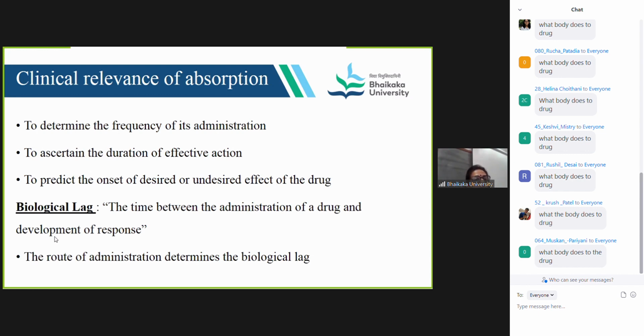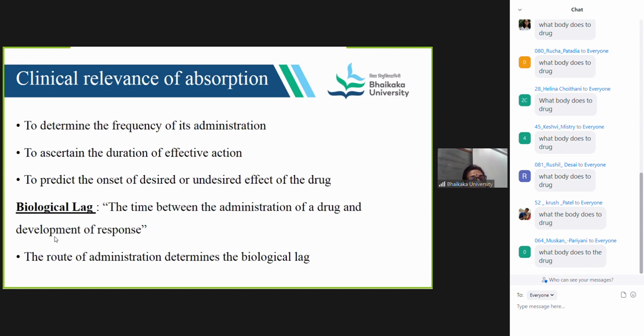So the clinical relevance is that these 3 statements are related to absorption while prescribing a drug. This process determines the frequency, the duration of effective action, and even the desired or undesired effect.